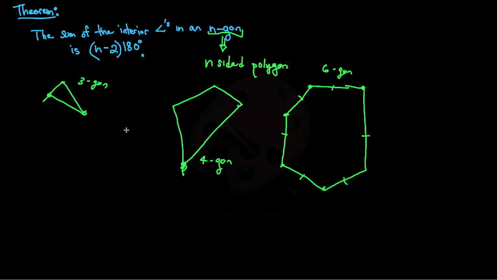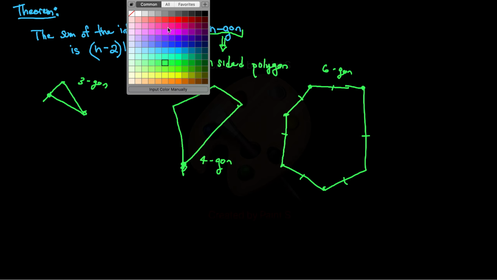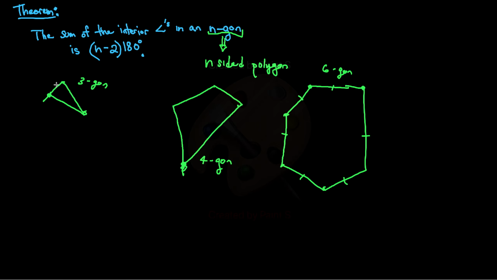Now, what you want to prove is that for any N-gon, the sum of the interior angles is n minus 2 times 180. So in the triangle, the sum of the interior angles, let's call these angles A, B, C. We've already proven that the sum of the measures of these angles is 180. Now let's take a look at the 4-gon.